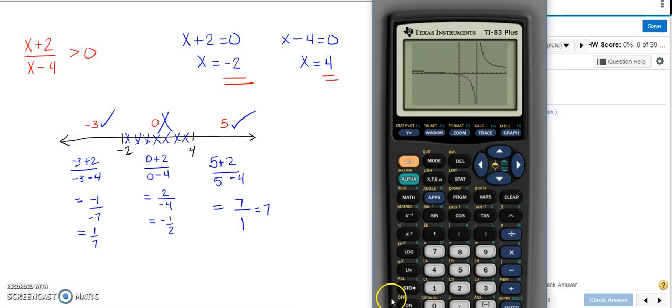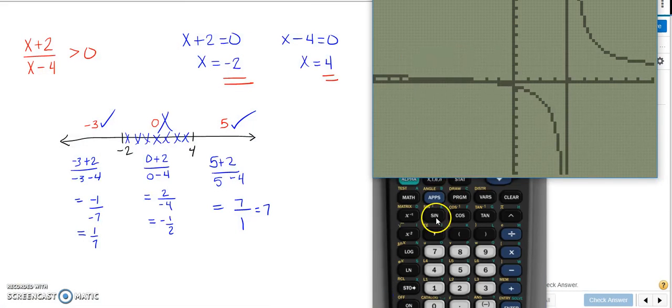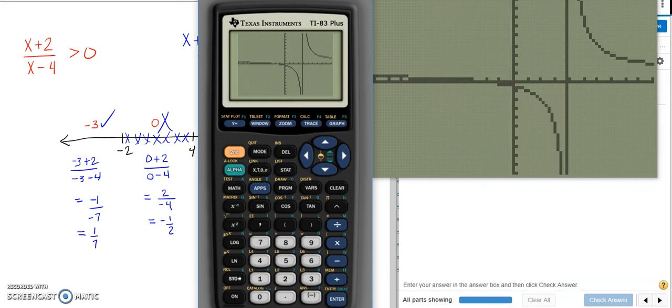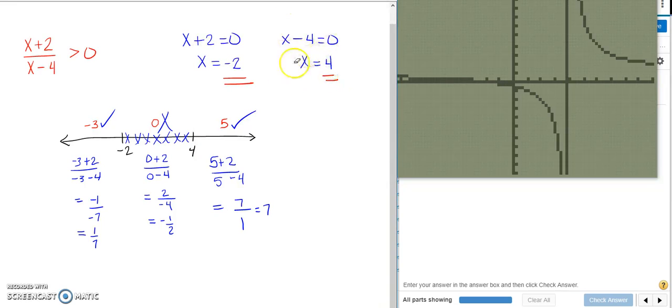So I already graphed it here. Trying to save time, but it's not working all that well. And you can see how we have that 0 at -2, and we have an asymptote at 4. Remember how we said it would be undefined at 4? That's what's causing the asymptote.